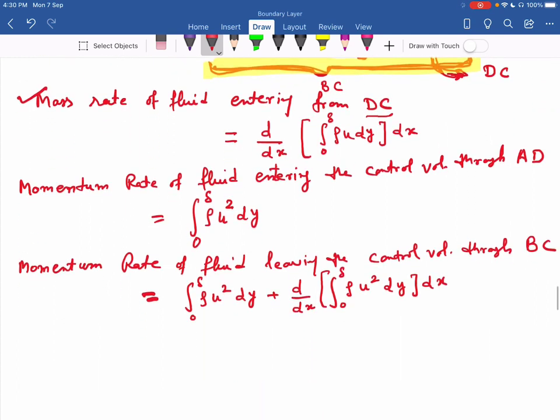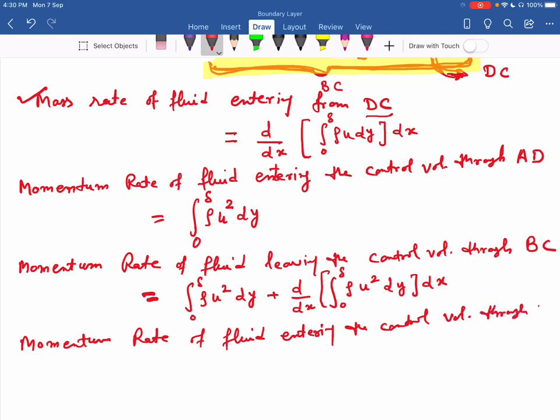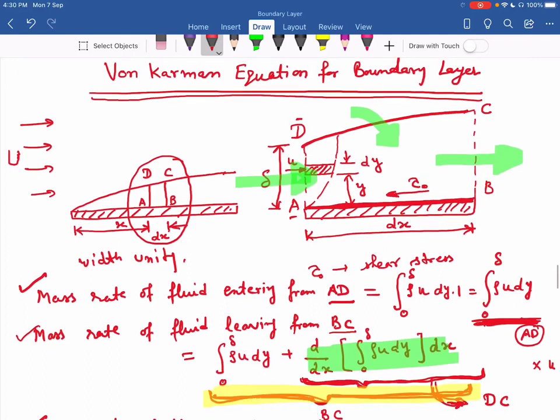Then I can write the momentum rate of fluid entering the control volume through DC, that is this green one.